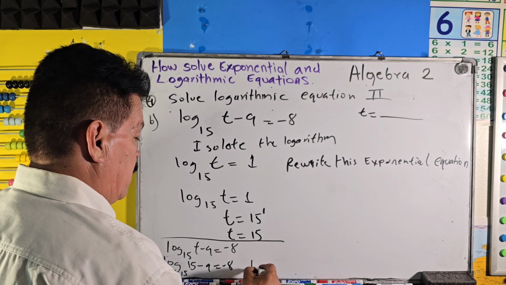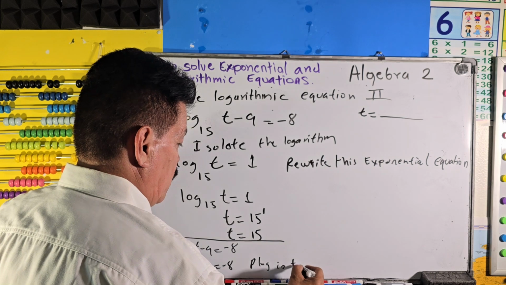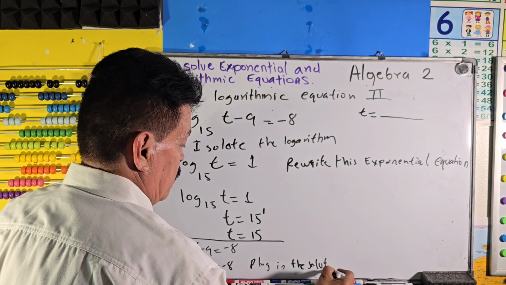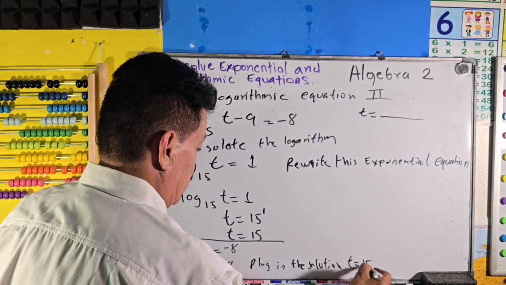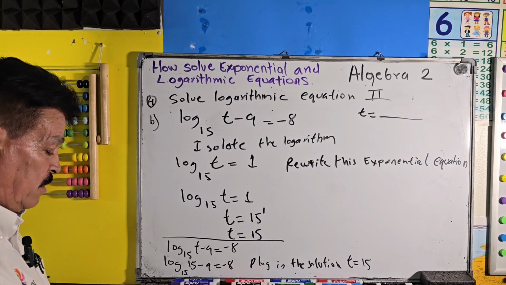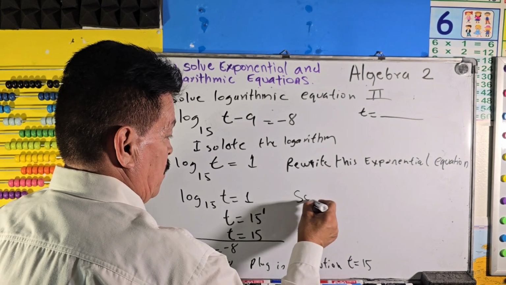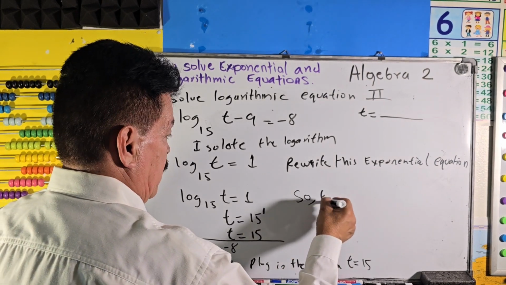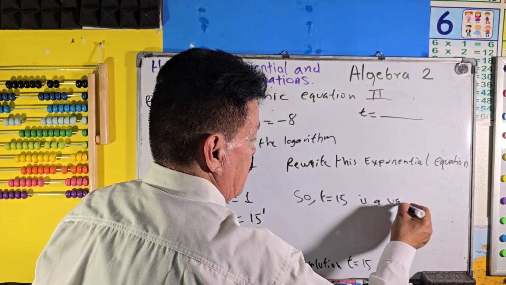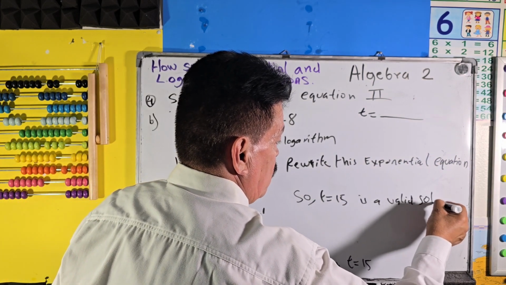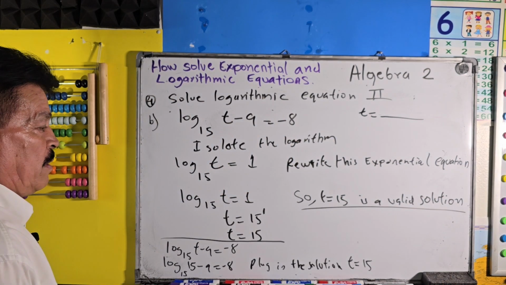So plug it in the solution, t equals 15, right? T equals 15 right there. Do you see? Then our answer is t equals 15 is a valid solution. So this is our answer to this problem, right?